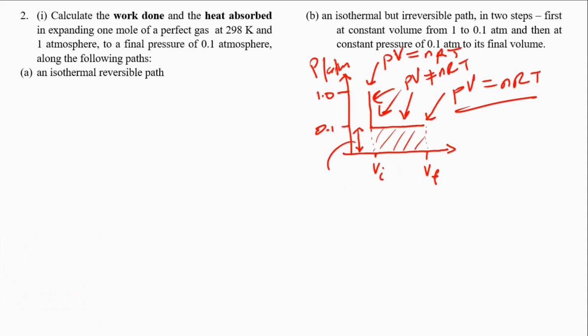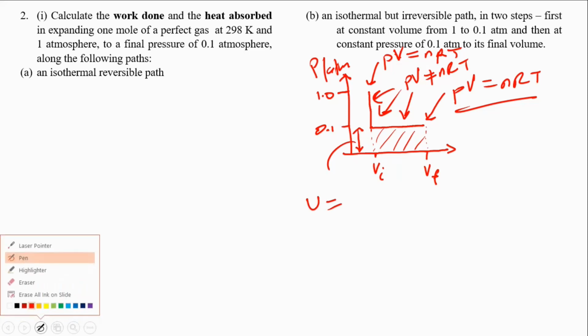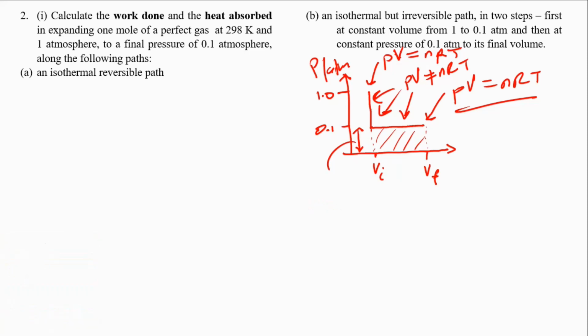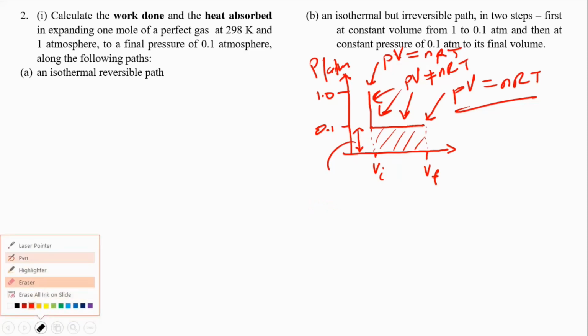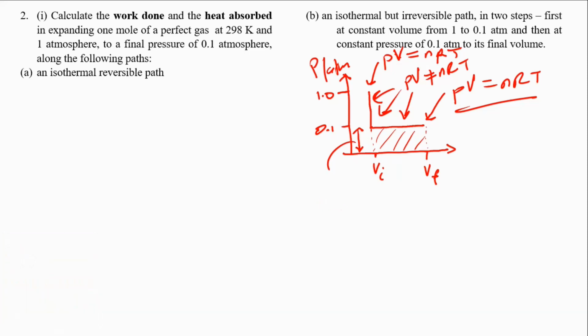Now, PV is equal to nRT, which means that V is equal to, let me write a better V than that, that looks like U. Let's just say now V is equal to nRT over P. Question is, if we want to calculate the initial volume, which one of the pressure values should we use?